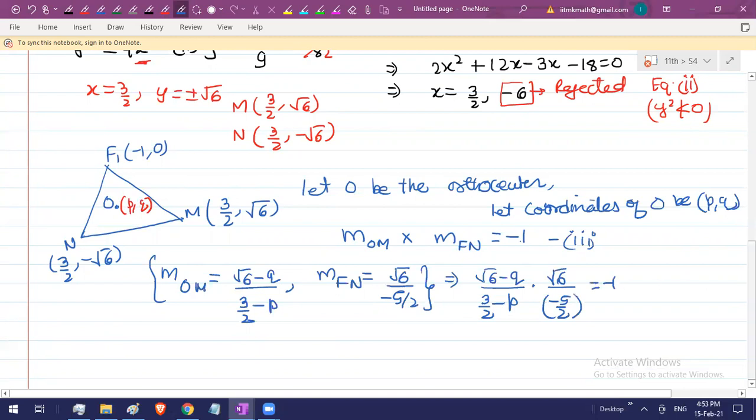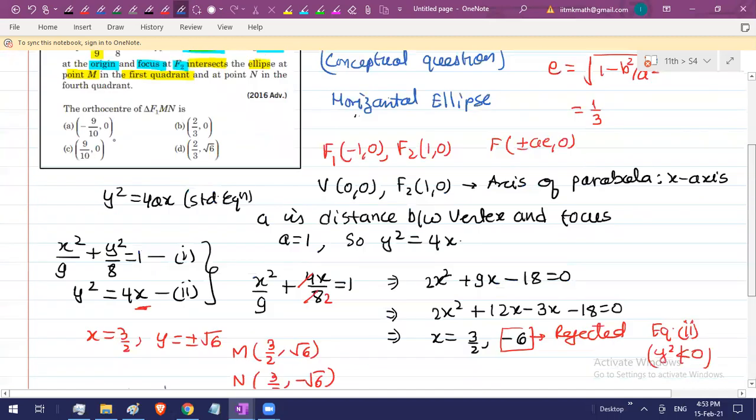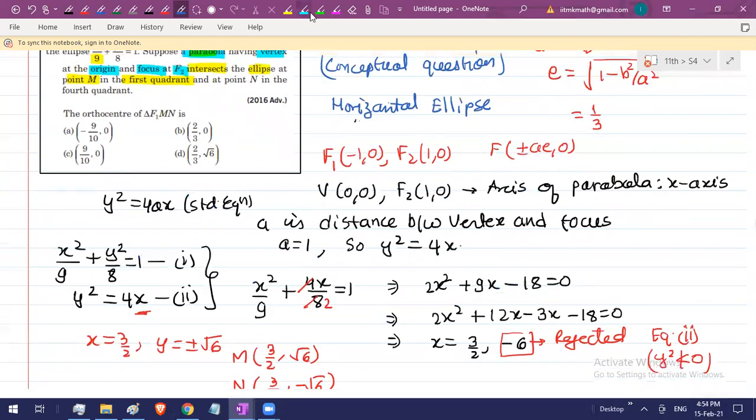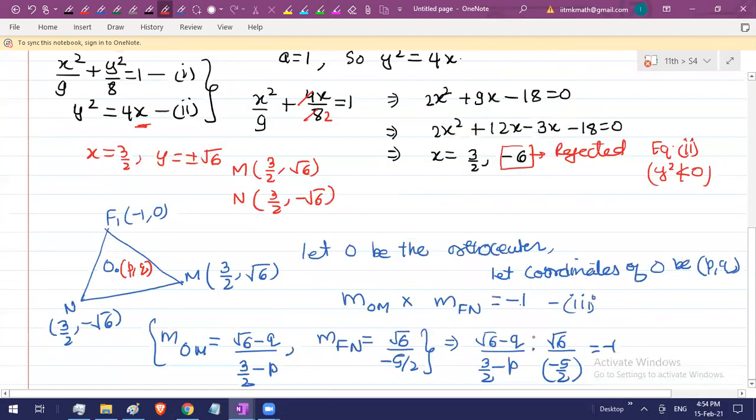Now you can take help of the options. If you see, the coordinates are very interesting: the first is 0, 0, 0, and the fourth coordinate is root 6. This root 6 is quite interesting. Why? Because if you put the value of Q as root 6, the numerator part will definitely be 0, and it will not be minus 1.